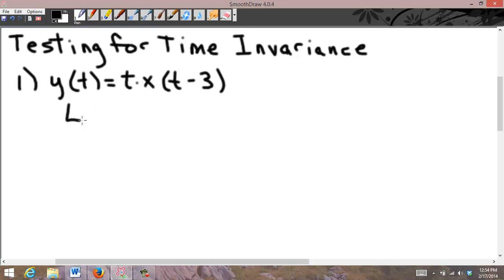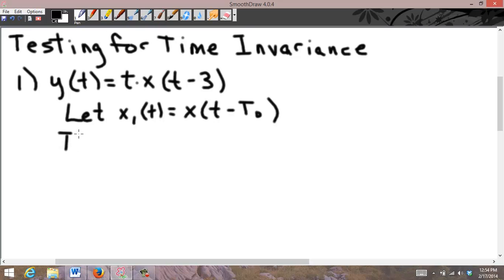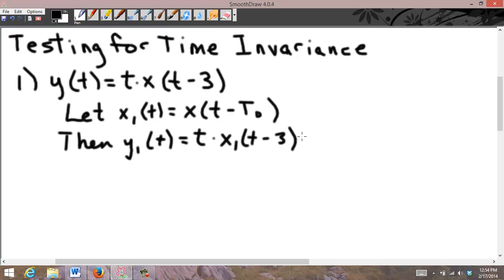So first we let our input, called x1, x1 of t is going to be a time-delayed version of x. So x1 of t is going to equal x of t minus some number t naught. Then the output due to that input, y1 of t, is equal to t times x1 of t minus 3.